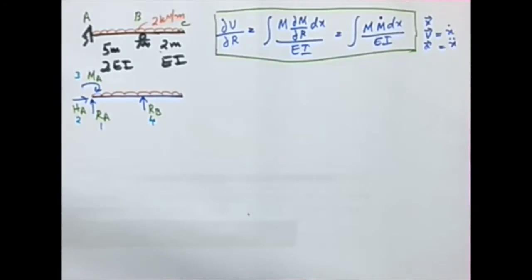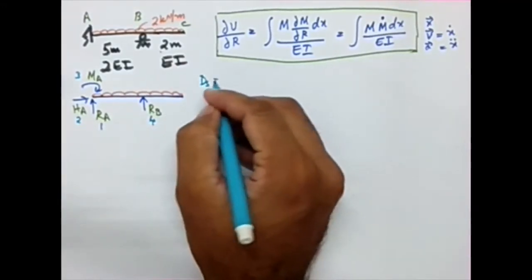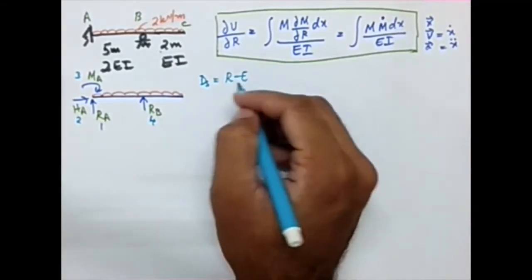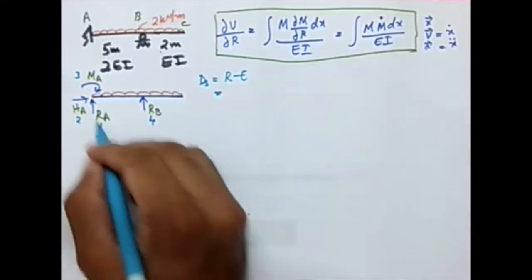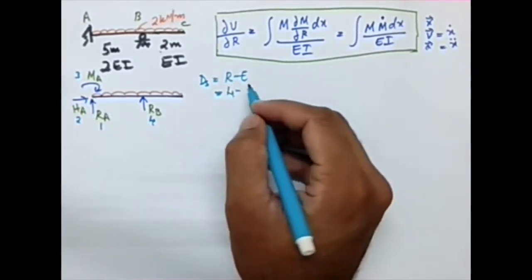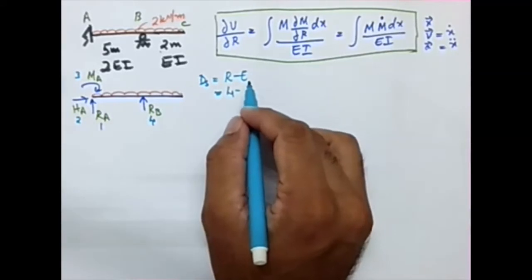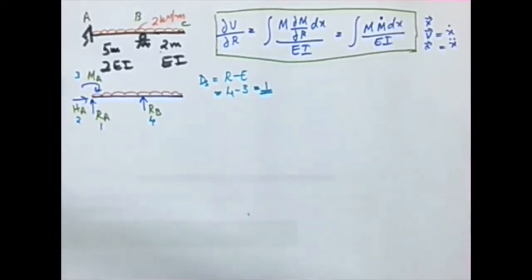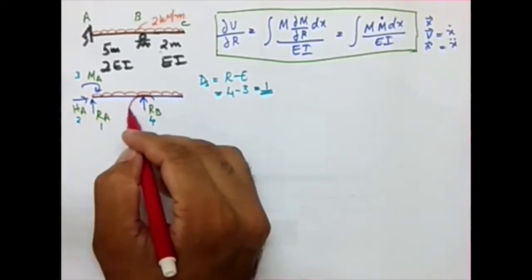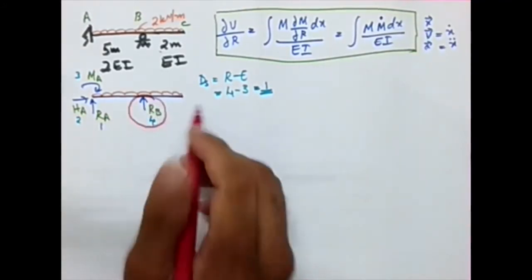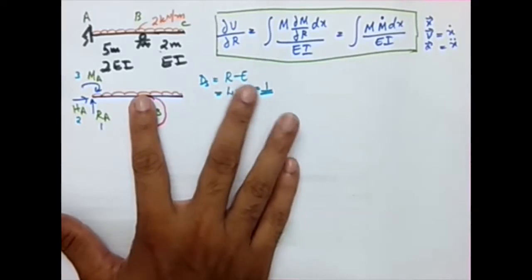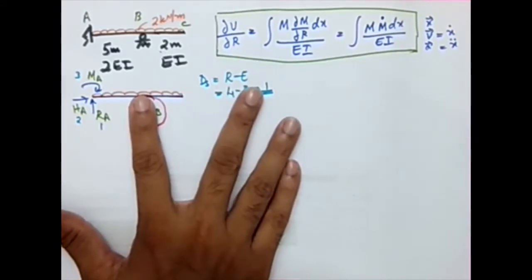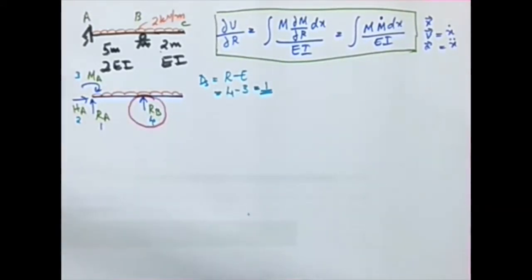If I am calculating the DS value, DS is R minus E, where R is the number of unknown reactions. There are 4 unknown reactions, and for a 2D beam the number of equations of equilibrium available are 3, so it is 1. So I require to consider one reaction as redundant. I'm considering this particular reaction as the redundant. If I'm removing this, the system becomes a cantilever beam, which is a determinate structure. So I have identified the redundant.